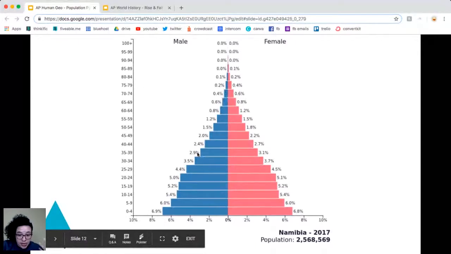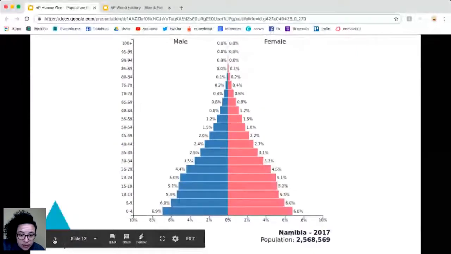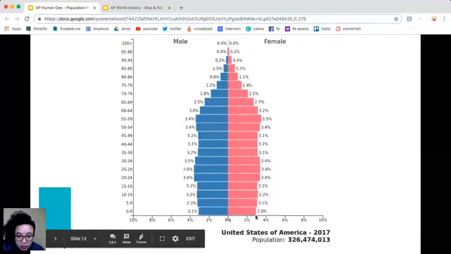Look at the difference between this bottom piece here. The infant mortality rate in the US is not very high. Whereas here, look at the difference between these two lines. Here, it doesn't change. These kids are staying alive more.